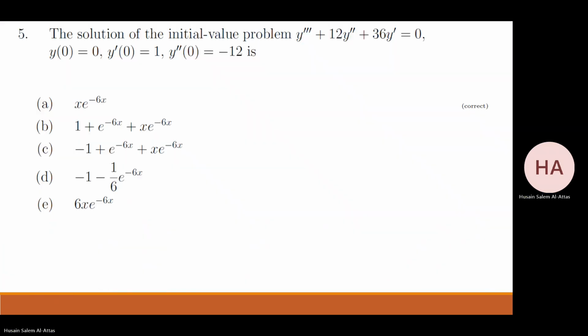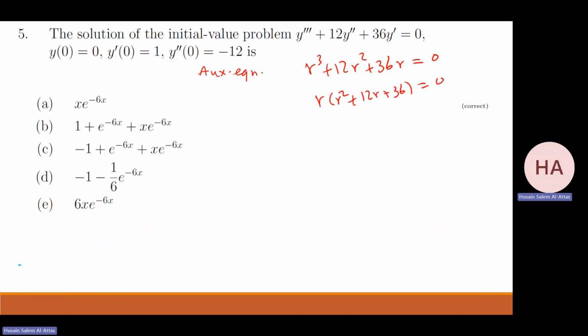Okay, the solution of this initial value problem, I need to solve this. So the auxiliary equation will be what? r cubed plus 12r squared plus 36r equals 0. I can take r. I have r squared plus 12r plus 36 equals 0. I need to solve this.